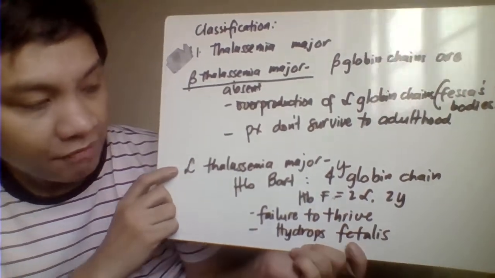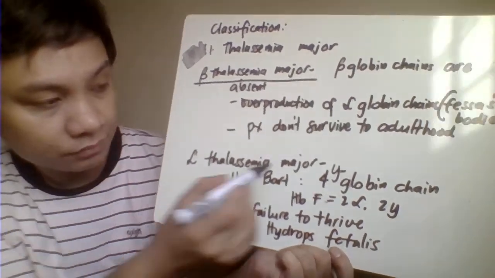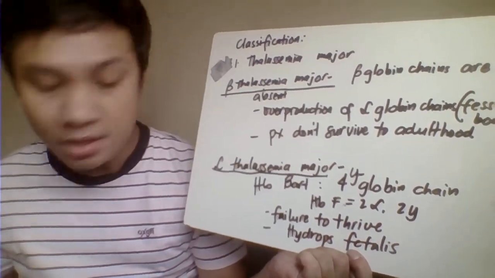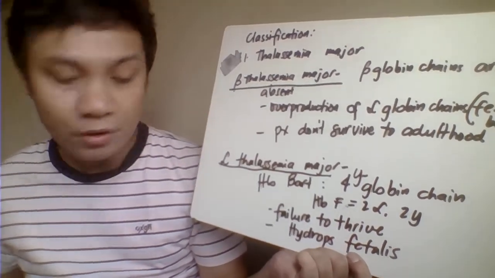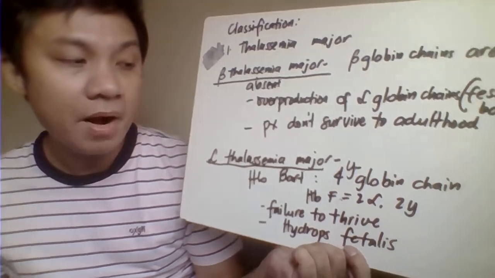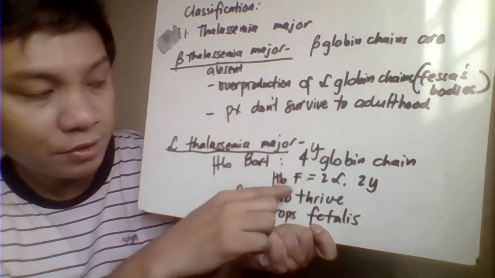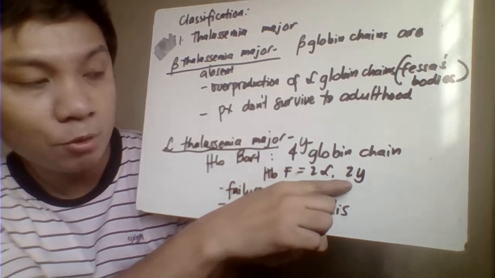Another one, we have your alpha thalassemia major. The alpha thalassemia major is characterized here by your hemoglobin Bart. Hemoglobin Bart is made up of 4 gamma globin chains. So, this is your fetal hemoglobin, 2 alpha, 2 gamma.